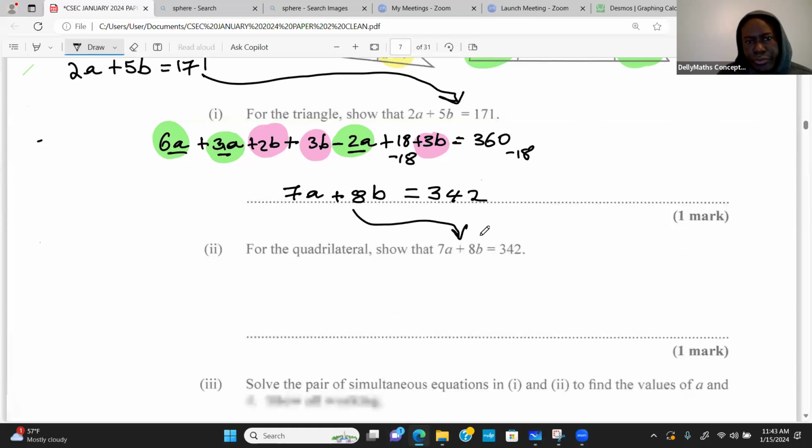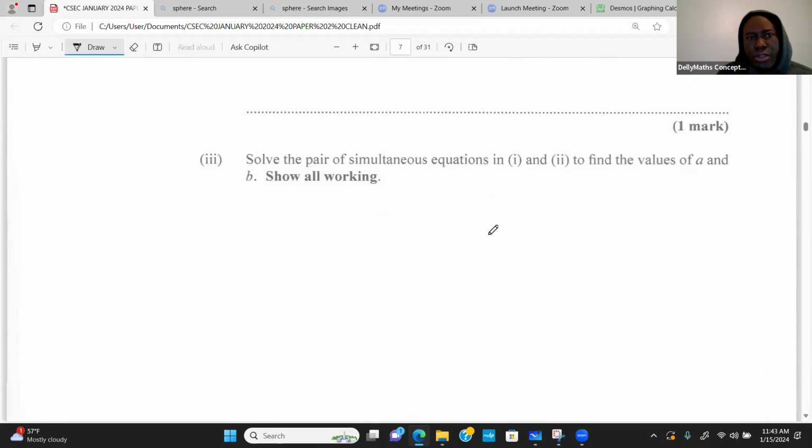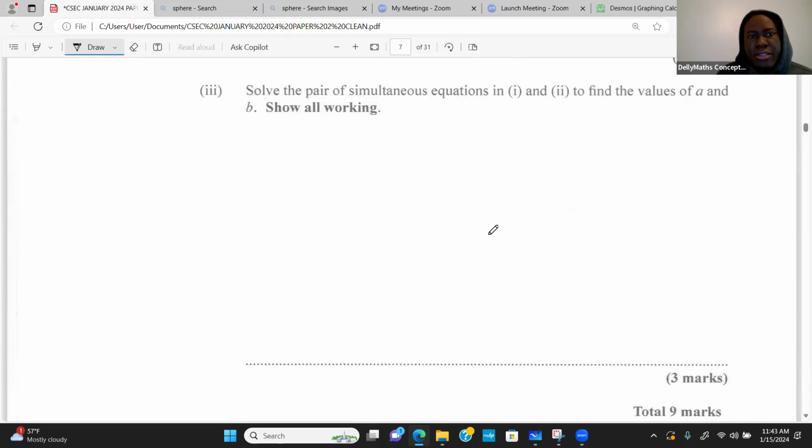All right, let's keep going. The question says, solve the pair of simultaneous equations above. So basically we're looking at 2a plus 5b equal to 171, and 5a plus 8b is equal to 342.